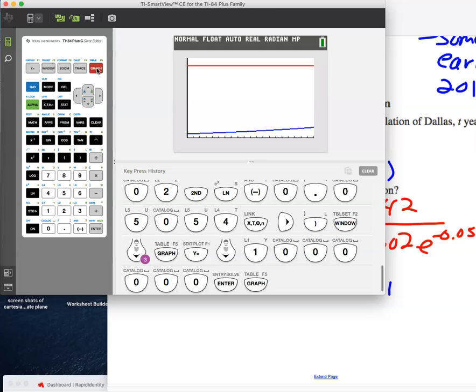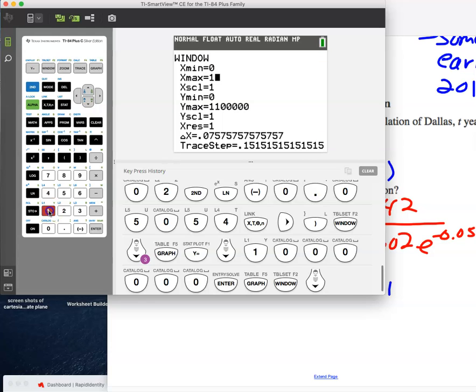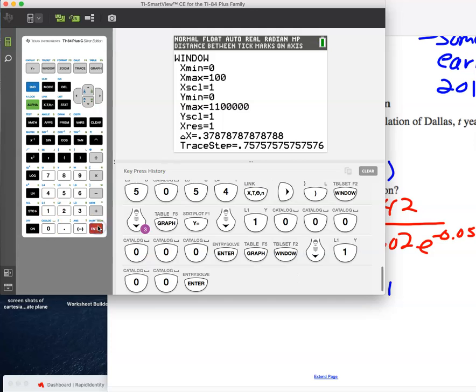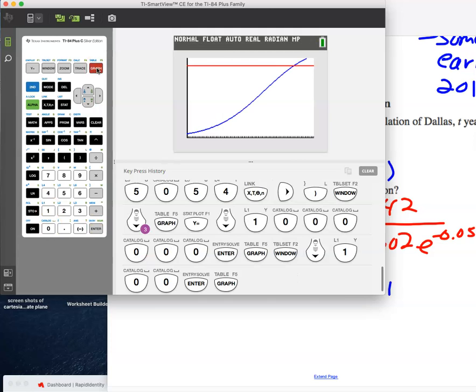I mean, this is going to take a lot of years to get this up to the 1 million. So in our window, let's try 0 to 100 years. And now we're getting almost the full S look, but we can definitely see where we're going to have that intersection. So second trace, number 5, enter, enter, enter. 84.513 years later.